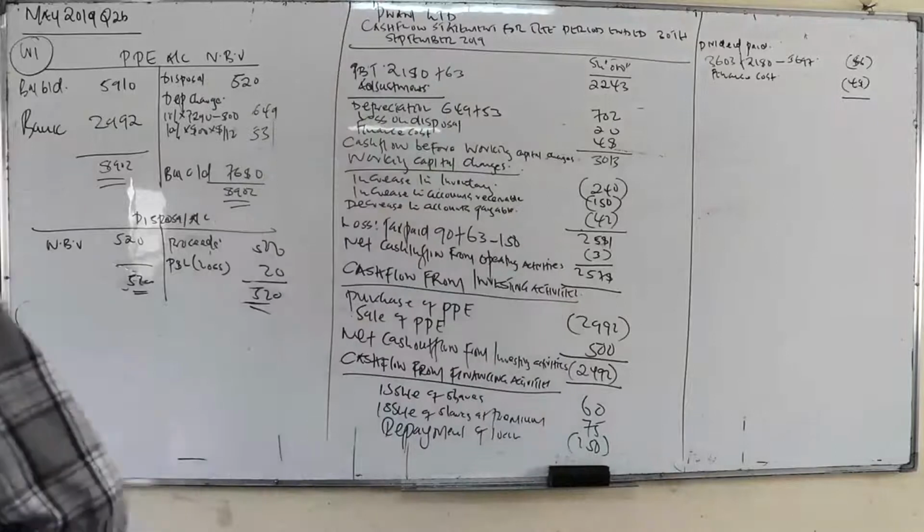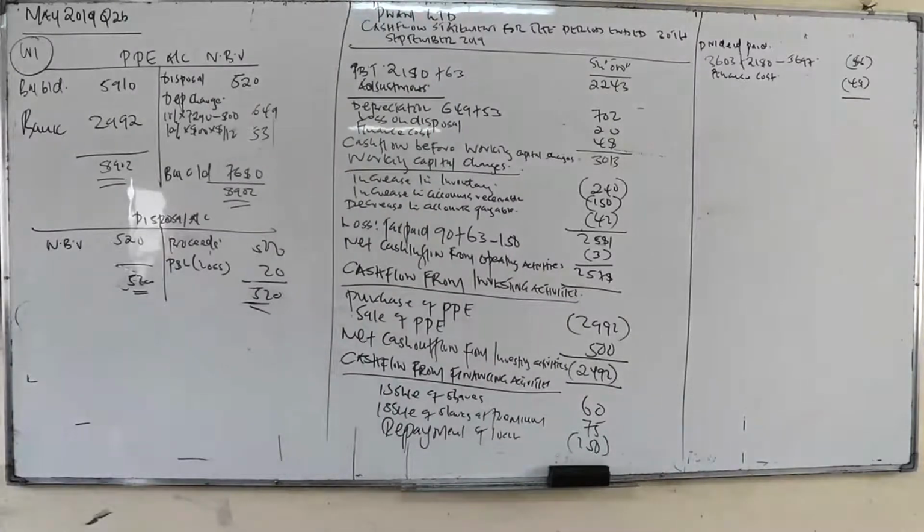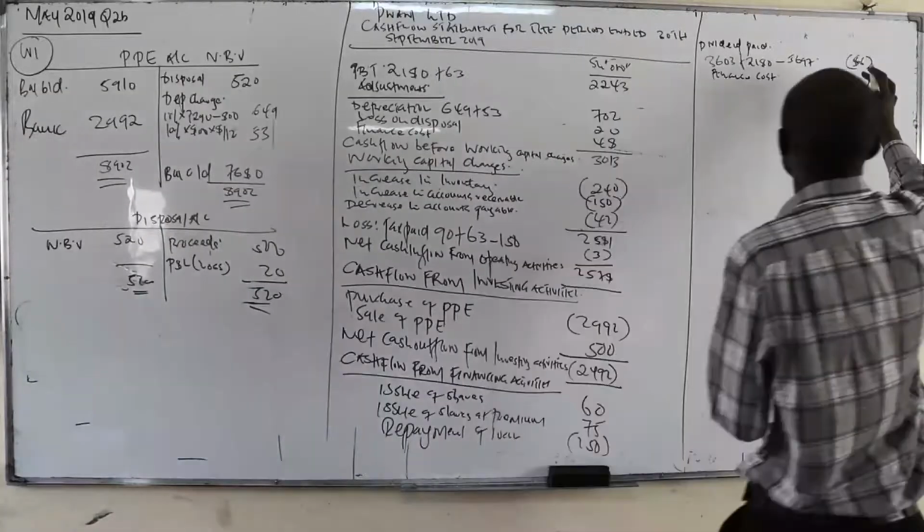What do you get? 60 plus 75 plus minus 150 plus minus 86 minus 48. How much do you get?